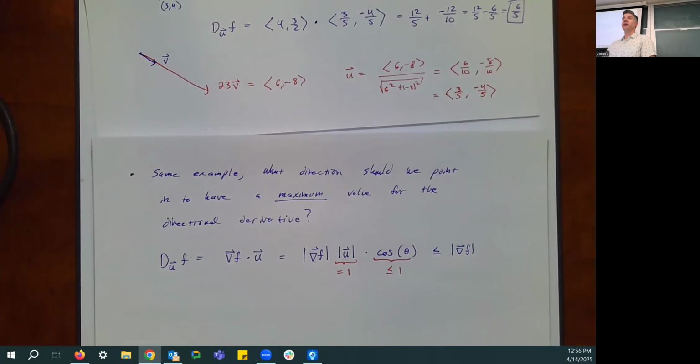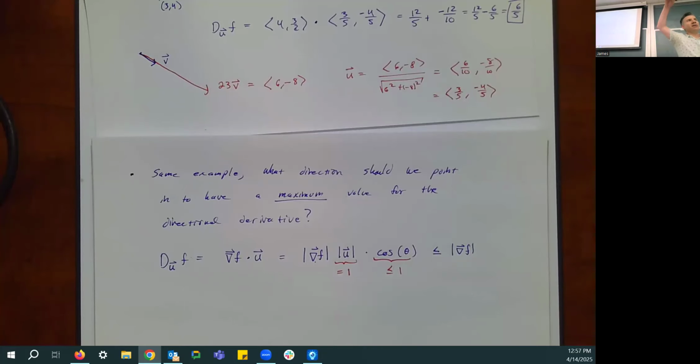And you're going to get it when the angle between the vector and the direction vector is what angle? What angle gives us a cosine value of 1? 0. If the angle between two vectors is 0, that means they point in the same direction. So in other words, we're going to maximize the directional derivative, or if you like to say it this way, the steepness of the slope is as steep as possible if you move in the direction of the gradient.